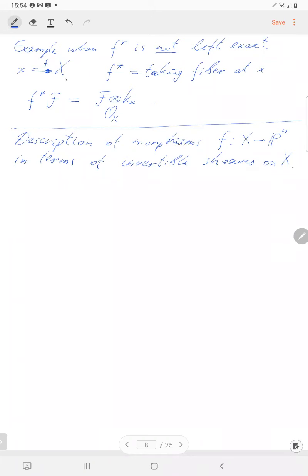I don't know how to stress this point, but it's a very ubiquitous and important construction.